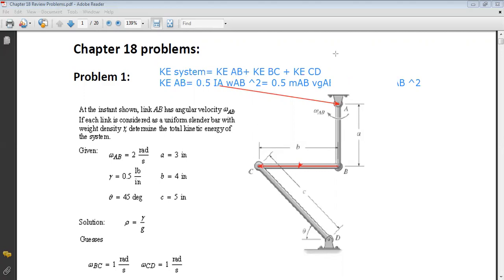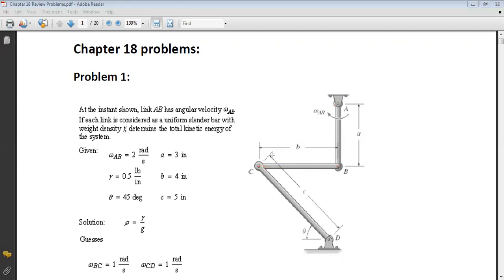Okay. Yeah. So first, for BC, if you do the analysis of BC, B is rotating about A. So VB will be perpendicular to AB, directed towards the left. And VC is turning about point D. So velocity of C is perpendicular to CD.